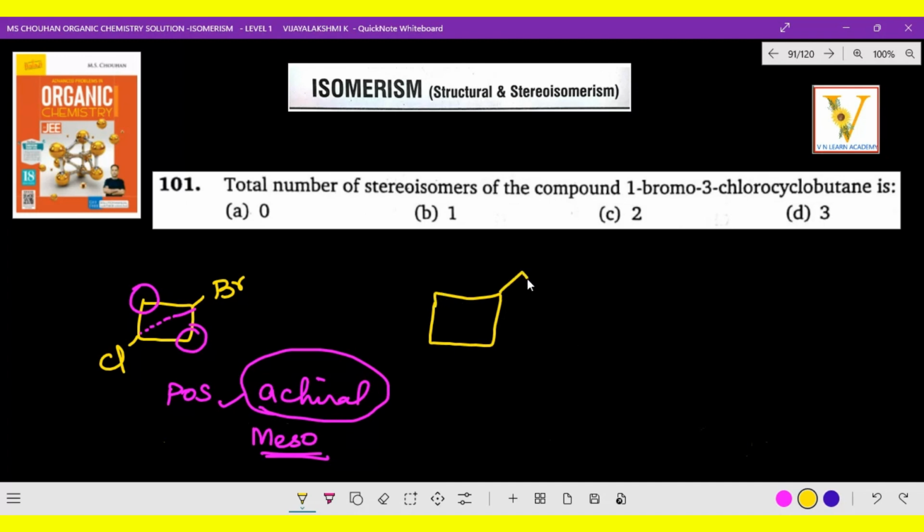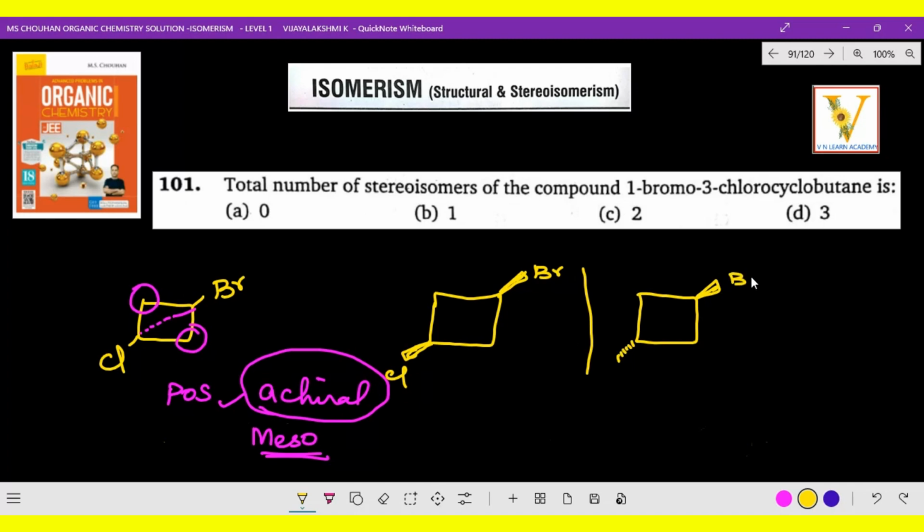Imagine this is a wedge part and this side is also a wedge part of that compound. In this one bromine is there, in this one chlorine is there. The other part, let me draw, because meso means superimposable mirror images, achiral. Here on the other part, one side will be wedge and the other side will be dash.